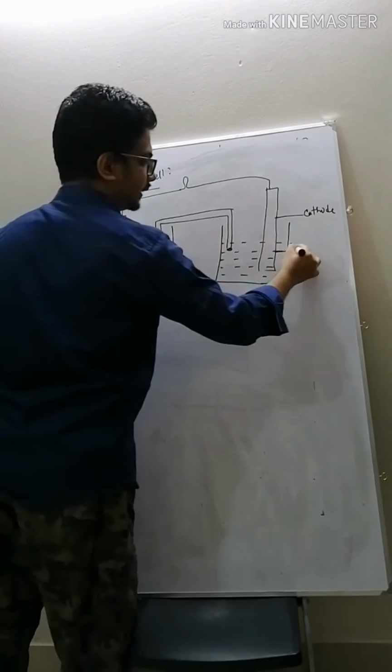That's why to balance the positive and negative ion, we use this salt bridge. Salt bridge is very important for this reaction to continue this electricity. If we don't use this salt bridge, the reaction is stopped. That's why you use salt bridge.